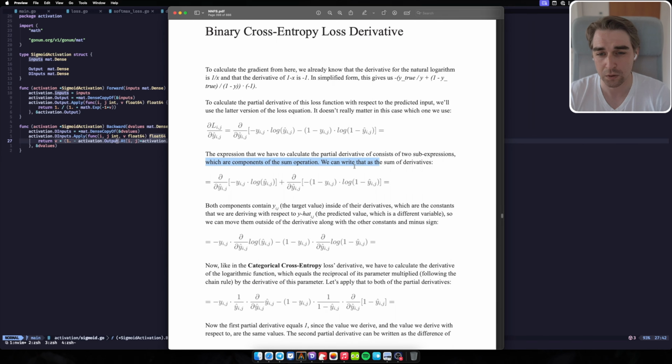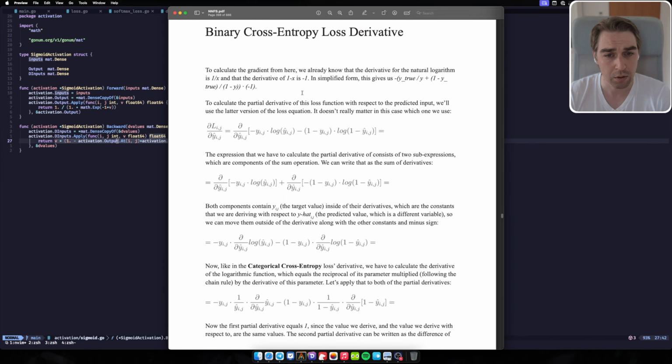We can write these as the sum of derivatives. Any subtraction is another addition with a minus sign, so we're just writing the sum and putting the minus sign from here into here. So this is actually minus 1 multiplied by this one.